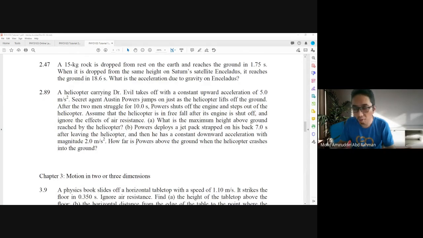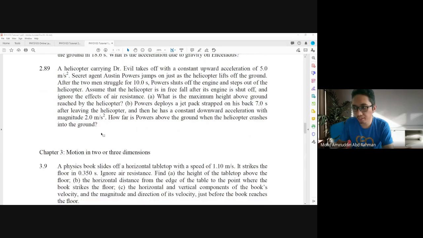Powers is the name of the person. So the answer is 184 meters above the ground when the helicopter crashes.